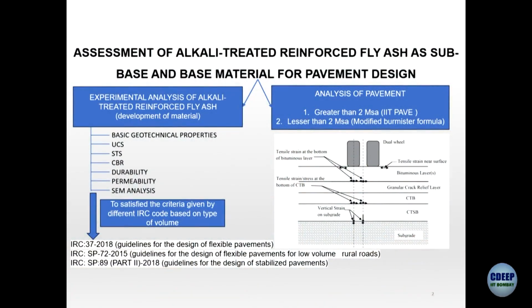Basically this is the main flow chart diagram that I used in the IITPAVE software. Most of it is related to the tensile strain and the subgrade vertical strain. These are the two important values, based on the fatigue criteria and rutting criteria.